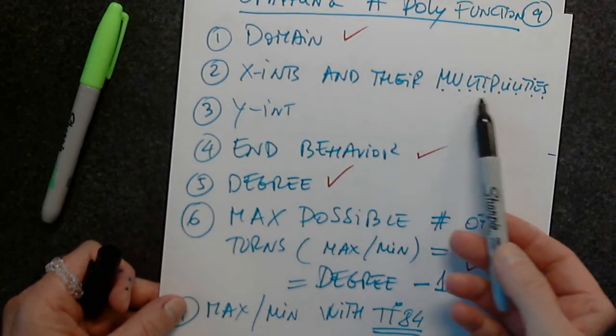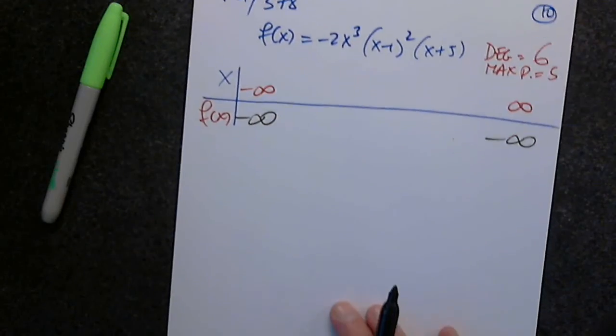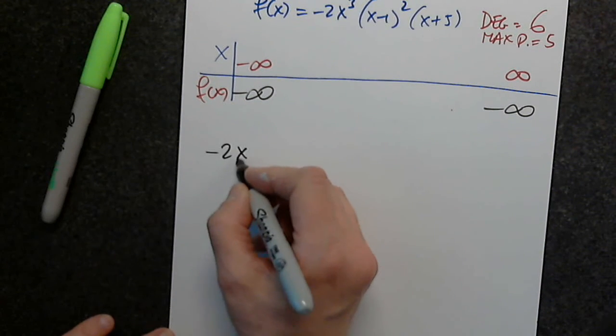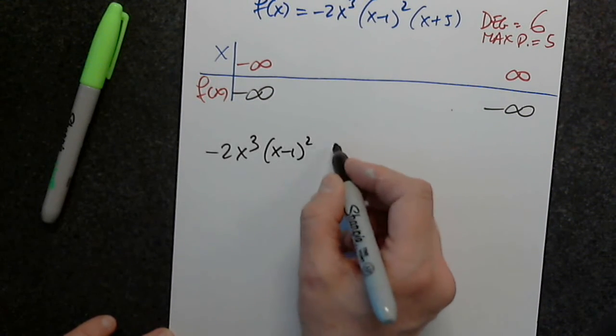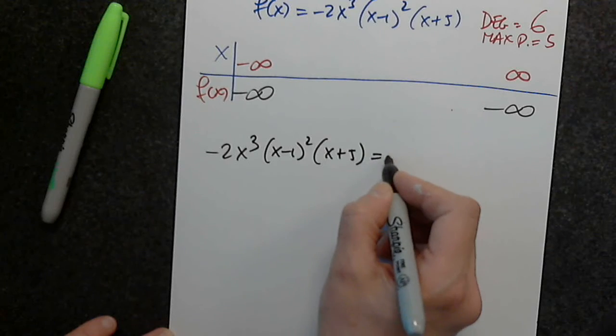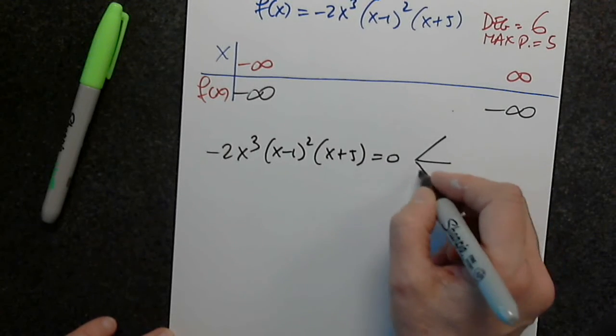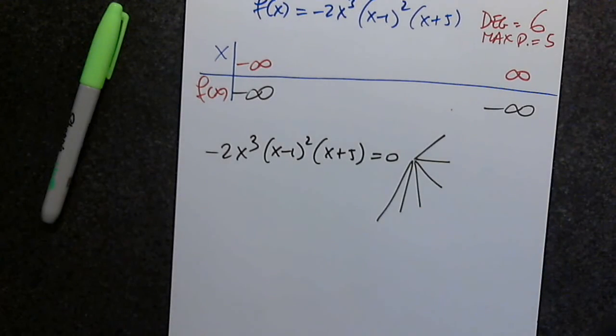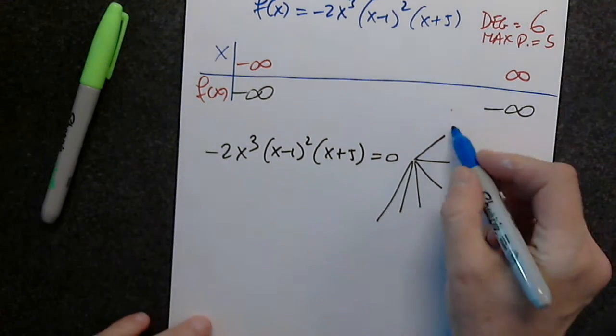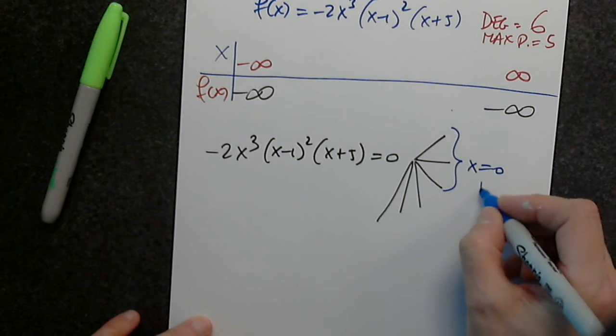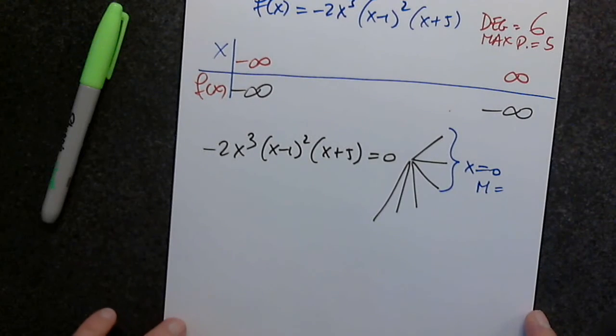Well done. Okay, now I want the x-intercepts and their multiplicities. So I have negative 2x cubed, (x minus 1) squared, (x plus 5) equals 0. And you have to come up with 6 solutions. x equals 0 how many times? 3 times. Very good. What is the multiplicity?